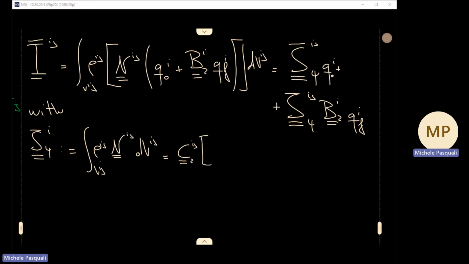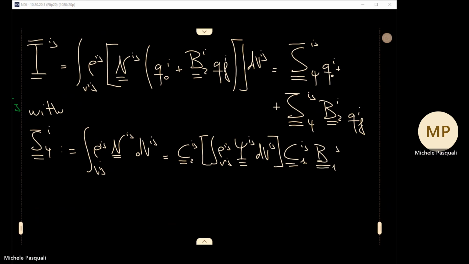And then we get the integral over Vij of the density, and then the psi. Here we go back to the roots, where basically we have the element shape functions. And then we have C1 Ij, B1 Ij. And this is the first inertia shape integral of the element.